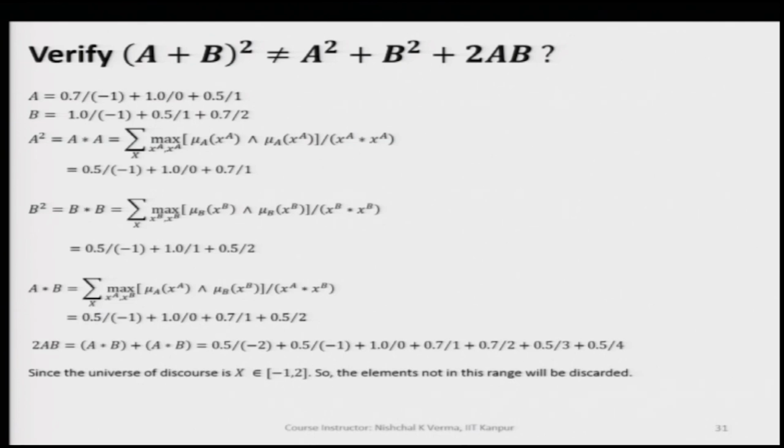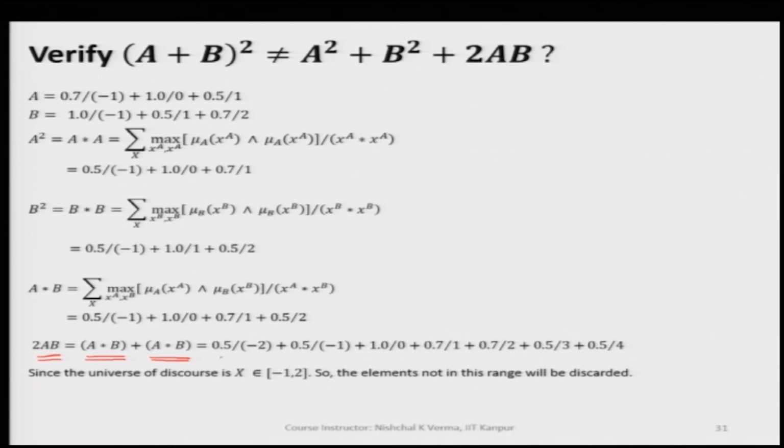Now, we have to find twice of this thing. So, for twice of this thing, we will add these two fuzzy sets that we have just gotten as A into B. So, A into B plus A into B, see here, and when we apply the addition, the AB and AB will become 2AB.